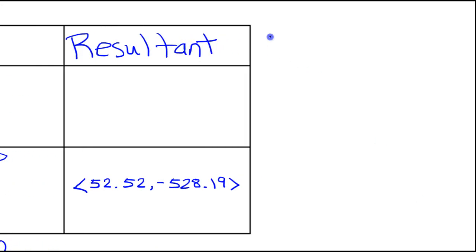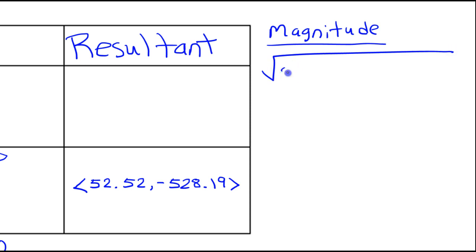So the magnitude we can get by doing the magnitude formula. So we will do 52.52 squared plus negative 528.19 squared, and we'll take the square root of all that.